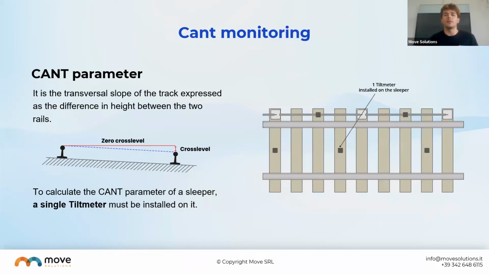This reasoning and method has been implemented for the Cant. The Cant is the transversal slope of the track and is defined as the difference in height between the 2 rails, measured normally to the track. With a single tilt meter, it's possible to obtain this parameter.